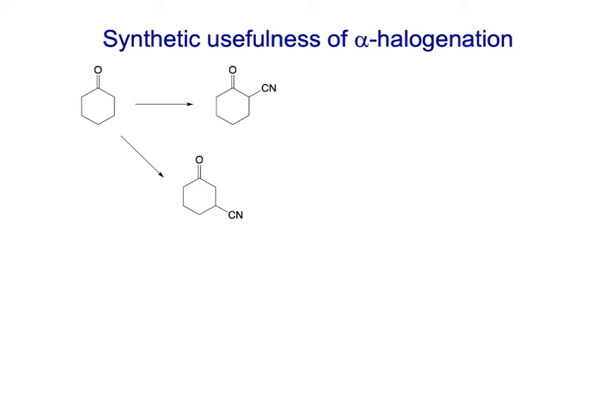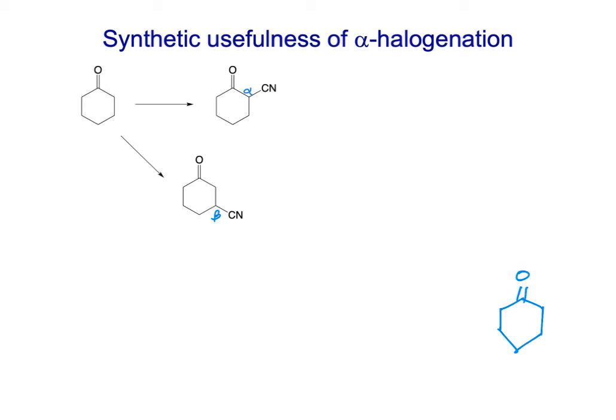Let's think about how this halogenation reaction might be useful for synthesis. So let's start down here. The problem that we're looking at is to start with cyclohexanone, and we want to end up with two different products, or be able to synthesize two different products. One with the cyano group at this alpha position, and one at the beta position.